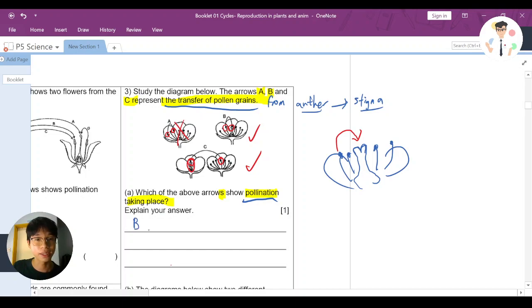So B and C. They need you to explain your answer. Why B and C? Because the pollen grains were transferred from the anther to the stigma of the flower.